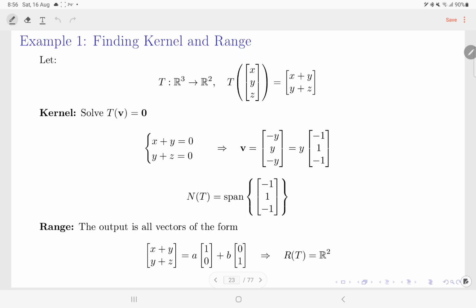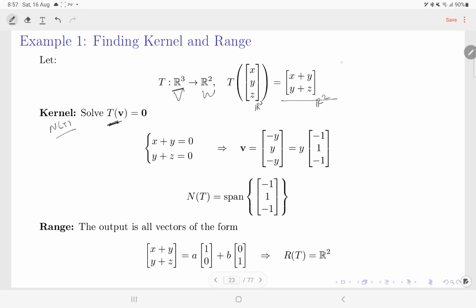This is an example in R3 to R2. First, this is V, this is your W, and this is the transformation. See, this is taking a vector from R3 and giving you a vector in R2. Now to solve this, for finding the null of T, you need to show TV is equal to 0.